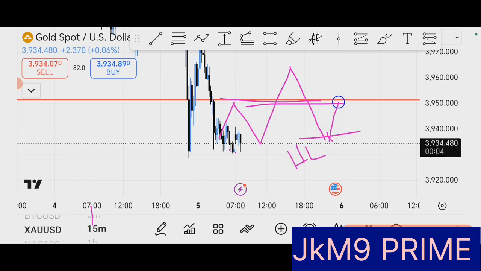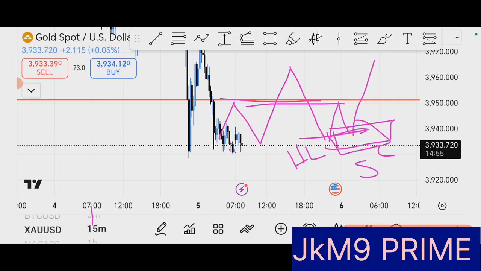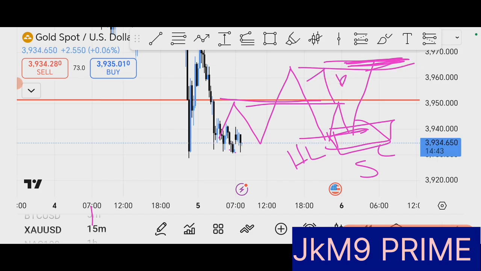Price goes up something, then comes to take the order block here. So here is our entry. Put the stop loss downside, then take profit at the 15 minutes last lower high. You can take the profit at the 15 minutes last high. Based on that, we always take entries with proper execution and based on our analysis.